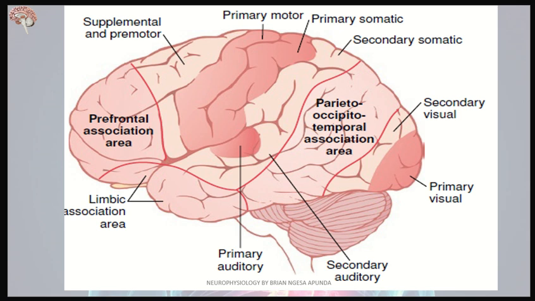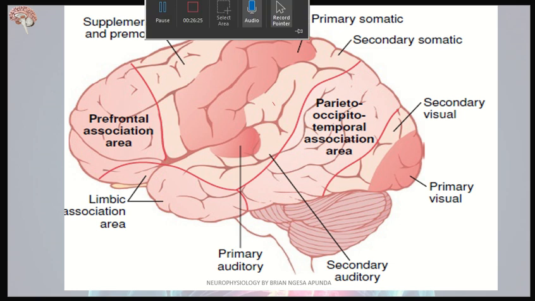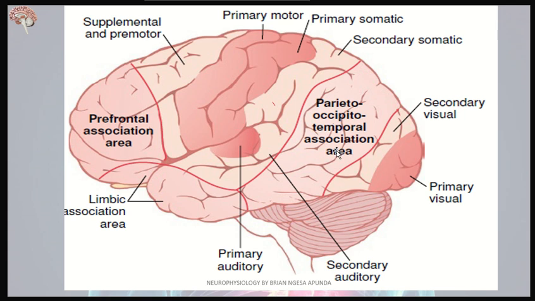So if you're having an association area at this particular spot, a good example here, let's say, for example, with the parieto-occipital temporal association, it is able to integrate some visual aspects, some somatosensory, and also some auditory aspect, so that by the time we are having a communication from this particular space, it will be rich in all those aspects.